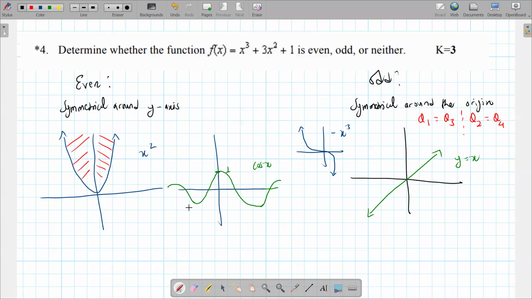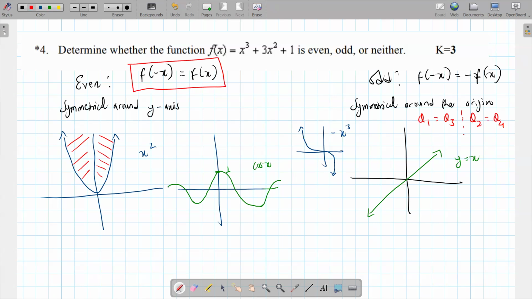The other approach is the algebraic approach, which says for an even function, if you plug in f of negative x, you should get the original function f of x.